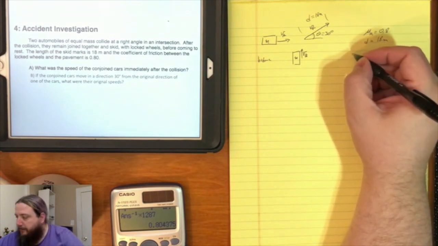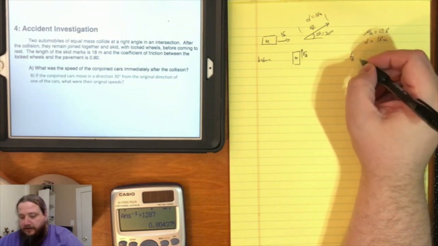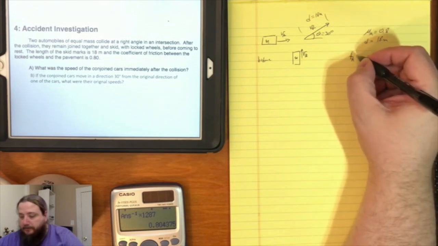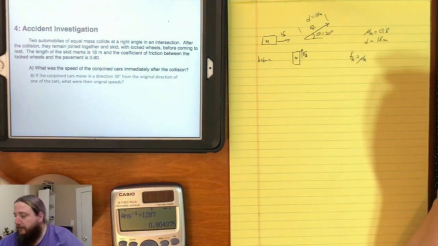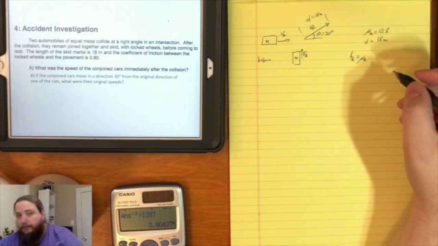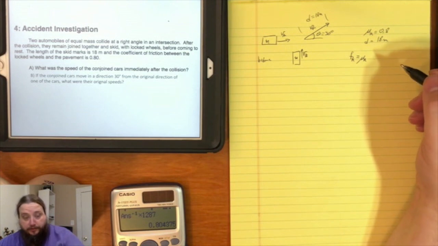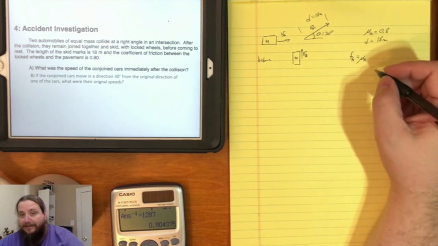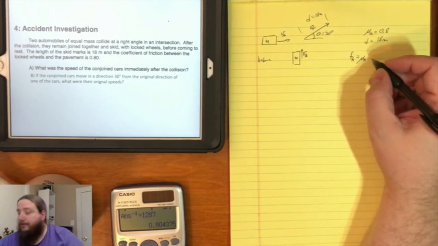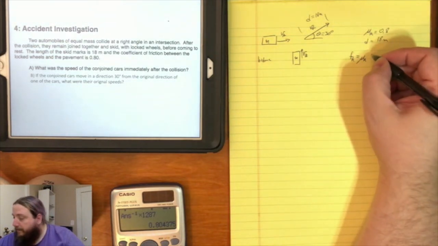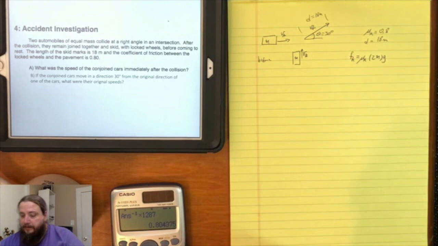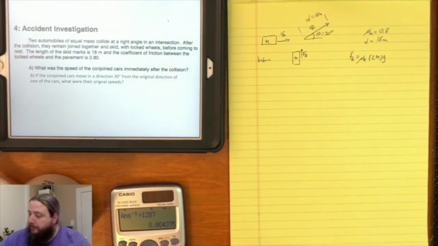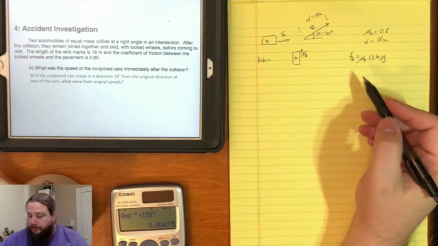The magnitude of the friction force here is going to be mu k times the magnitude of the normal force, which in this case with a horizontal road is just going to be the weight of the combined 2 cars. So twice the mass times g, that's the magnitude of the frictional force.